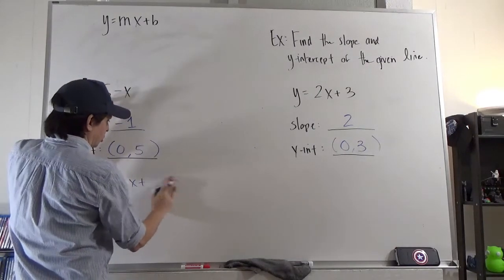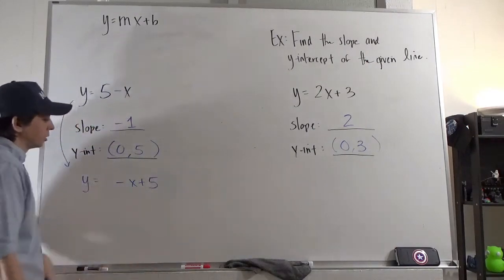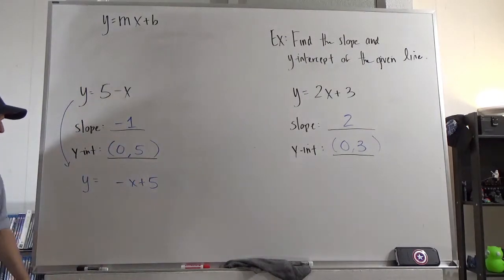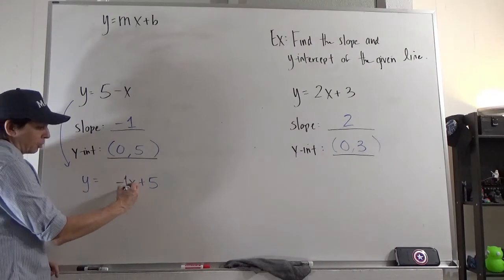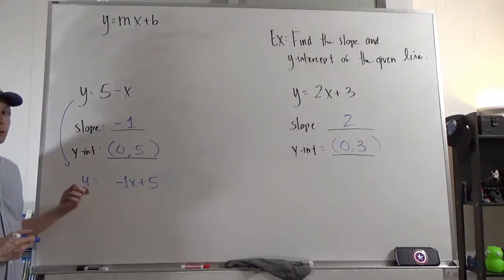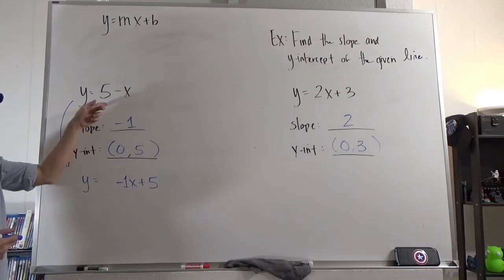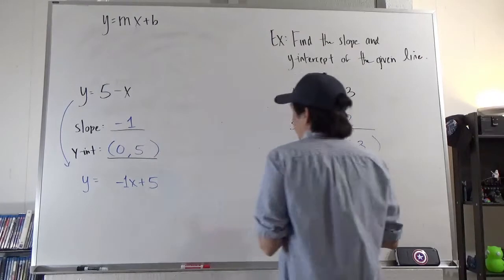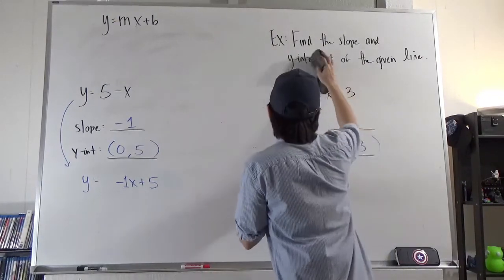So this is just switching the order of those two terms. The negative goes with that x, and you have a positive 5 added on to that. And then if you want to throw in the imaginary 1 that's in front of it so you can see it clearer, that's the way we're interpreting it. You don't have to rewrite it this way. You have to be able to look at that at least and identify that your coefficient is negative 1, and your constant term is a 5.